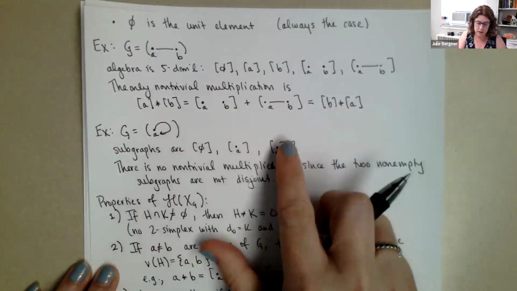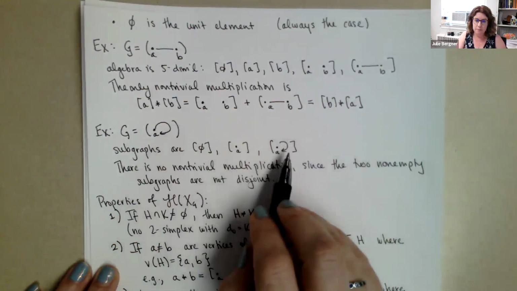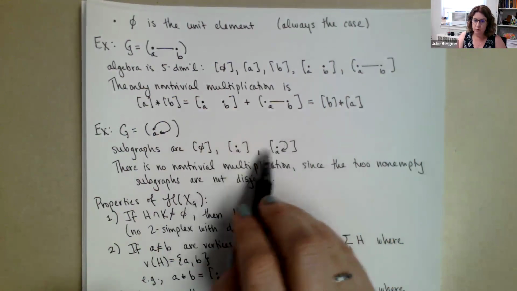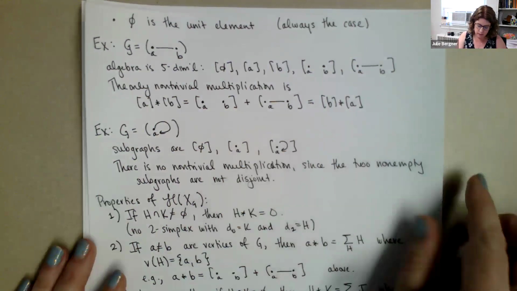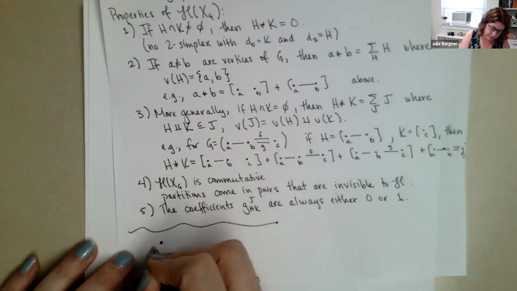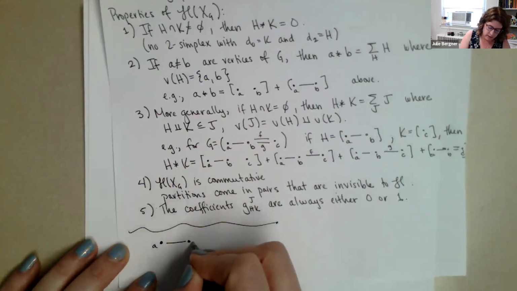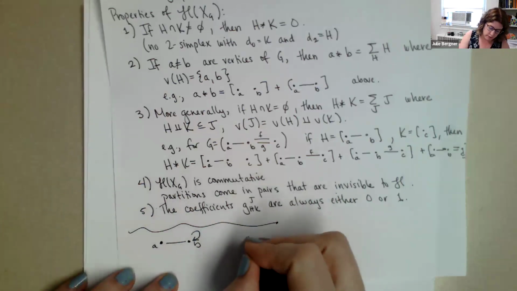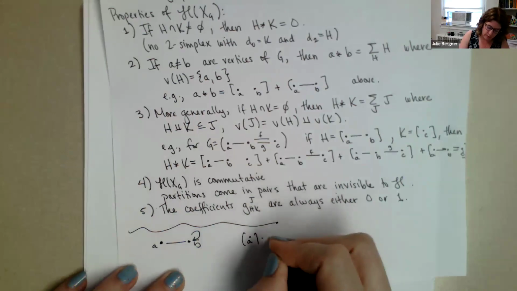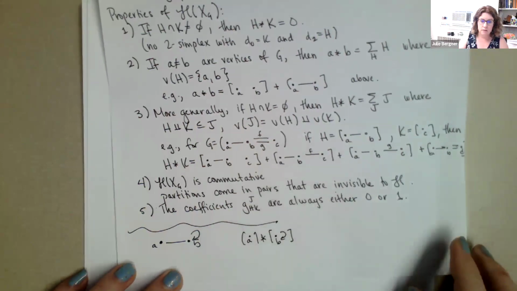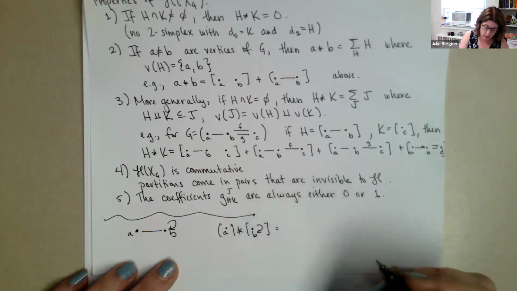If you had just A by itself, it's a bigger underlying vector space if you have a loop. Say you had a graph like this, and you multiply A with the subgraph that's the loop at B. You do get something interesting there.